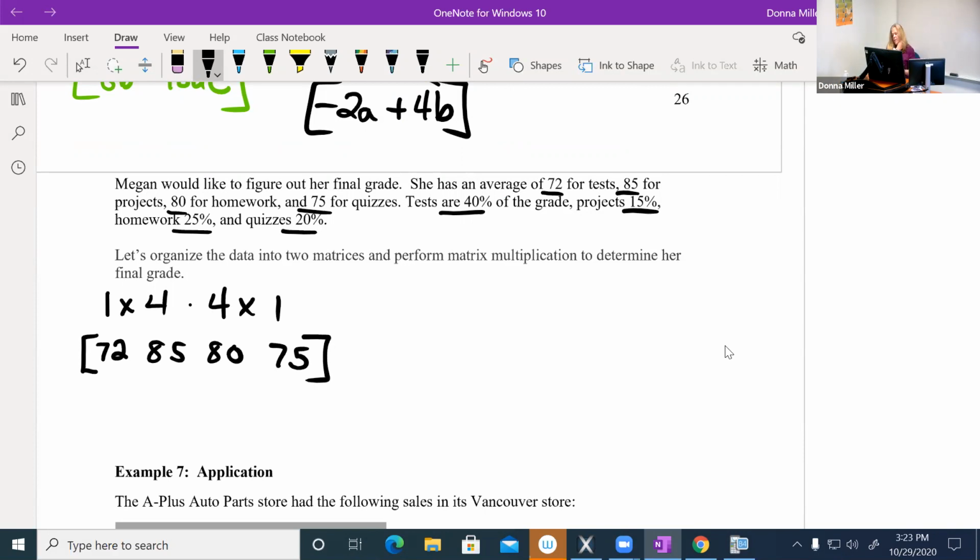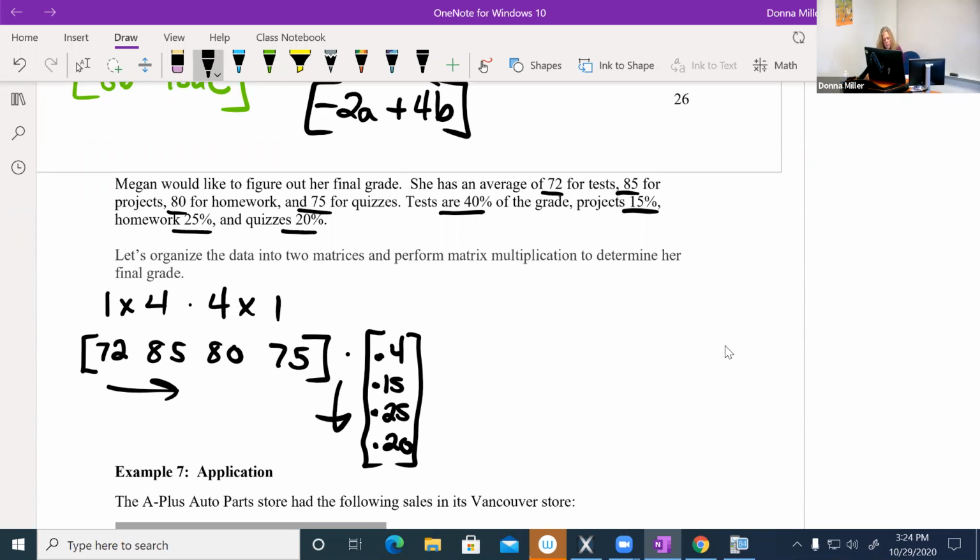And I'm multiplying it by a 4-by-1, so that's going to go down, right? And I want the percentages, right? I'm going to write these as decimals. So 40% would be 0.4, 15%, 0.15, 25%, 0.25, and quizzes 0.2. And you can verify that if you go across the row and down the column, wouldn't that give you your percentage? So you know you did it right.